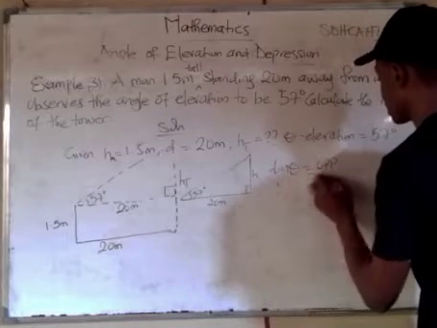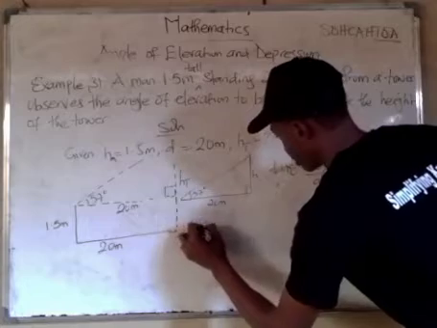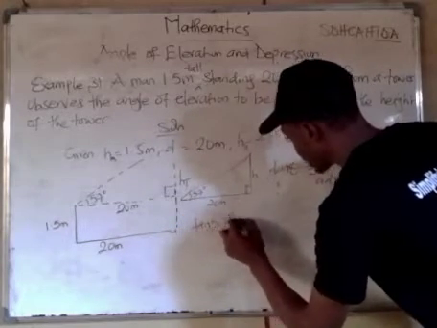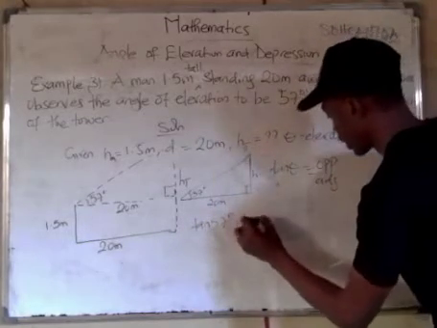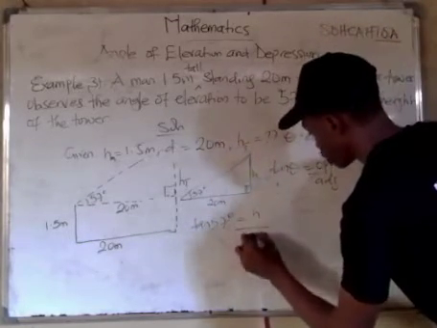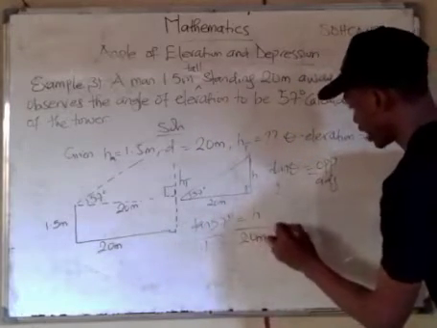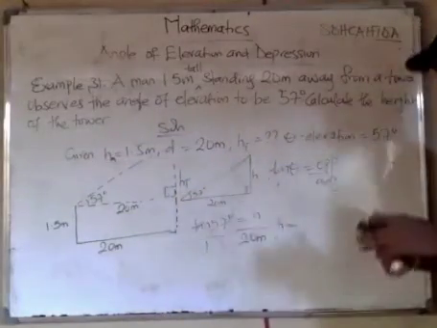Opposite over the adjacent side. Now, if we put in the angle, it is 57 degrees and it is equal to the opposite side, which is this h that we are looking for, over 20 meters. So when you cross multiply, h will be 20 meters times tan 57.